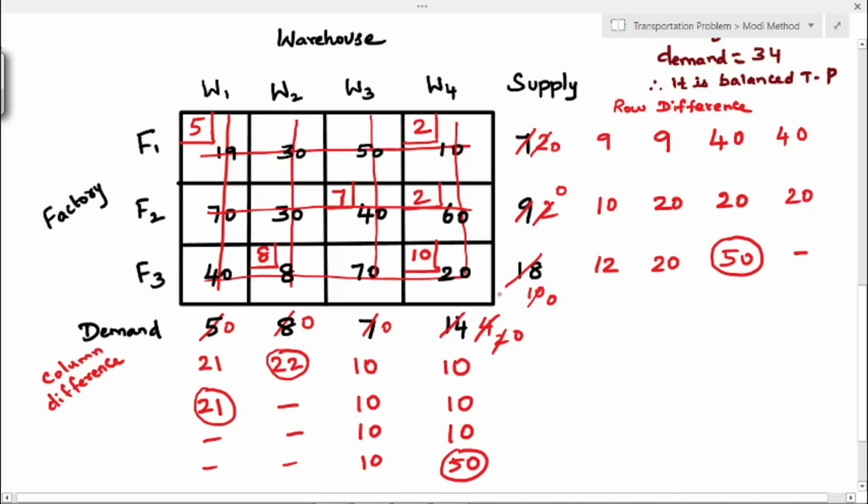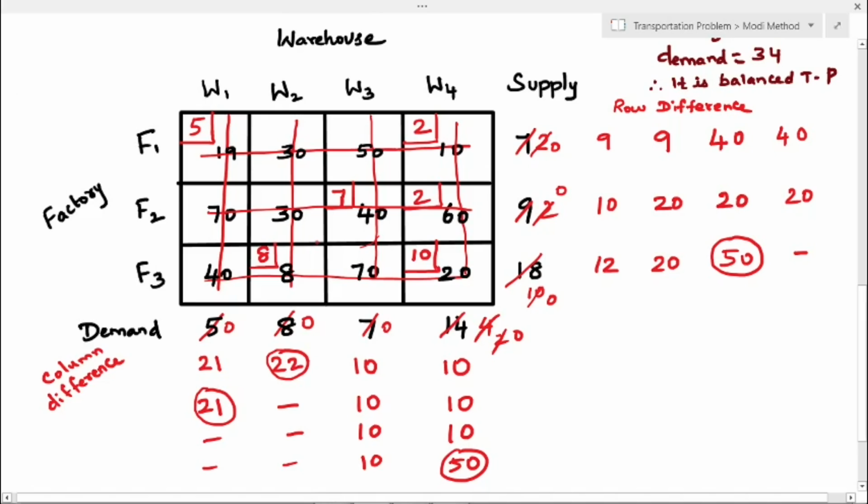So next we have to find how many allocations we have. See, in the first row we have an allocation at the first place, that is 1, and here we have allocation 2, and this is 3, and here we have allocation 4, and this one 5, and this one 6. So we have a total of 6 allocations. So these are called occupied cells. Wherever we have allocations, that particular cell is called an occupied cell.